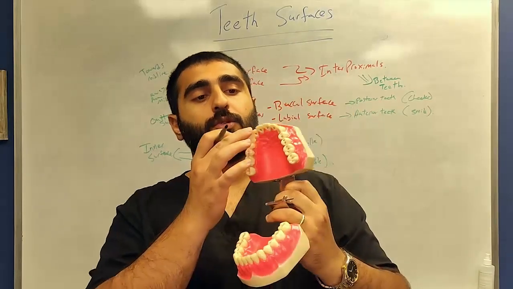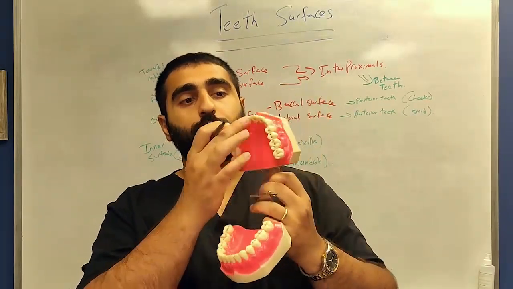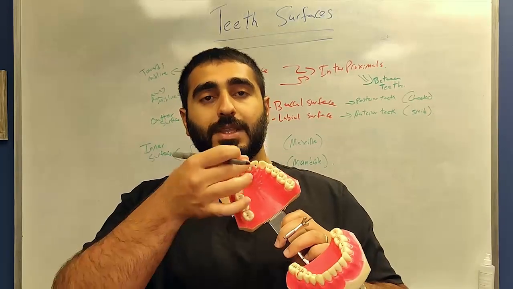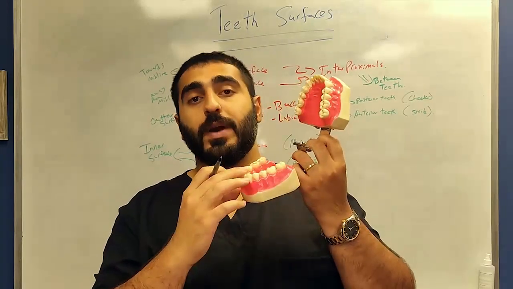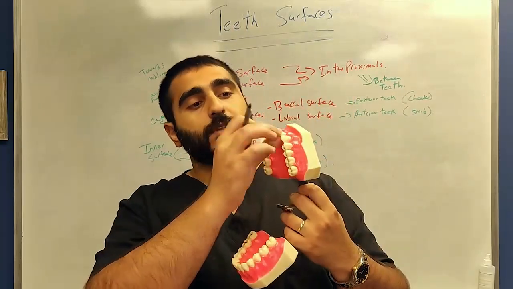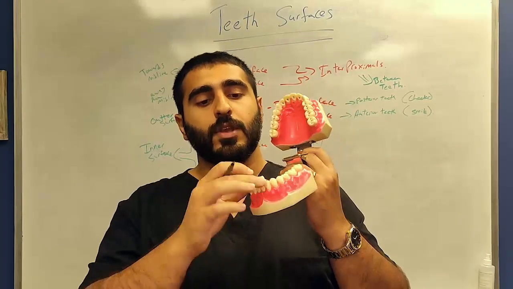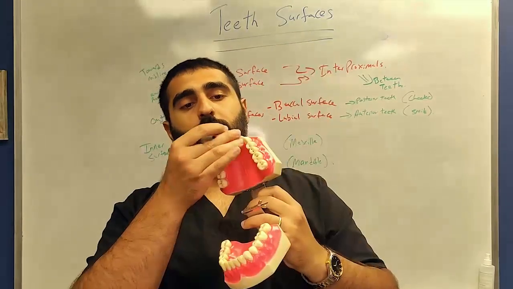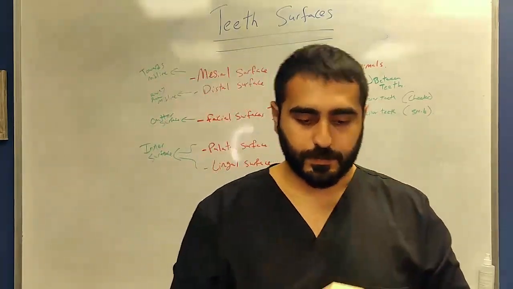And then the anterior ones, which don't have the occlusal surface and they have edges, these are called incisal edges. Since they have the incisal edges, which help you bite, this surface here is called the incisal surface, which has your incisal edge. Again, occlusal surface and incisal surface.